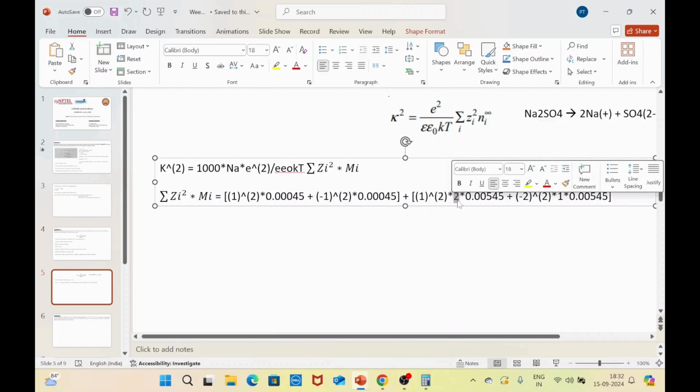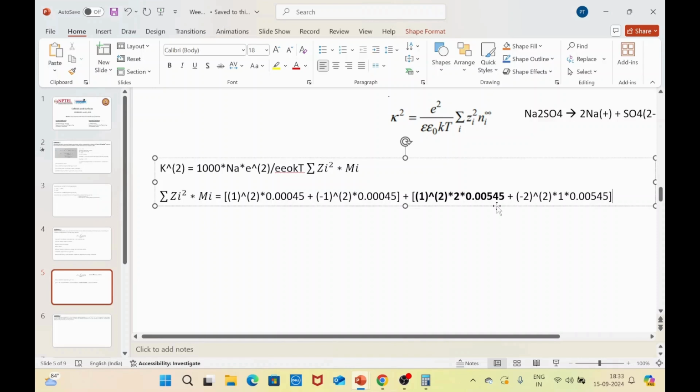That is the reason you have to multiply this expression by 2. My advice is to please be careful while writing this, because there are a lot of chances that we might miss this concept and just solve it the way we solve for NaCl, where you just write 1 square times 0.004545. Please keep this in mind while solving your problems.